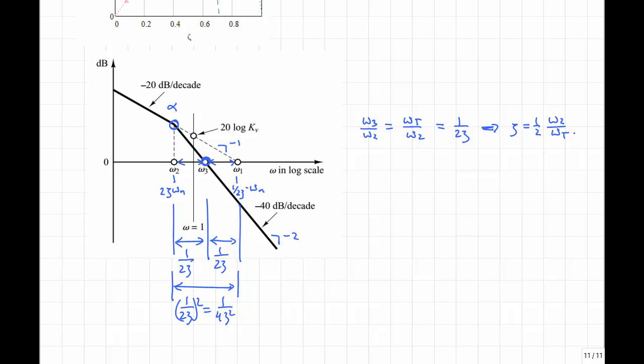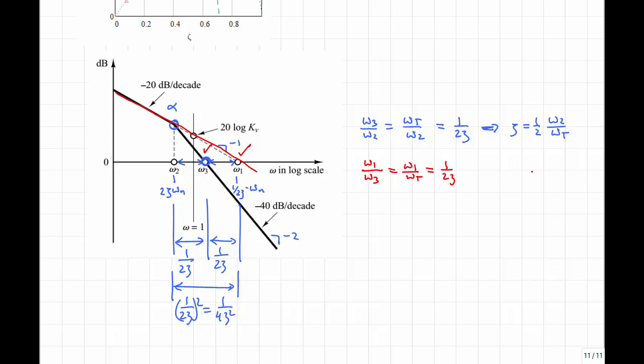The other approach would be that we could extend the -1 slope here. That might sometimes be more useful. If we can identify this frequency and this frequency, then we can write that omega 1 over omega 3, which is omega 1 over omega t, is also equal to 1 over 2 zeta.